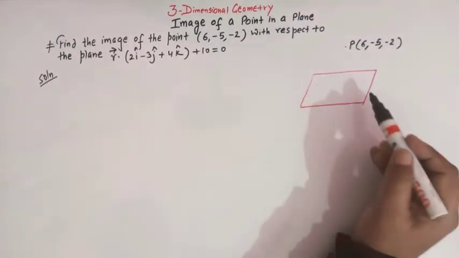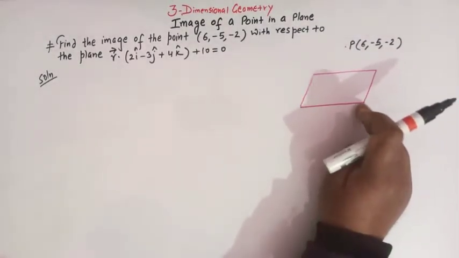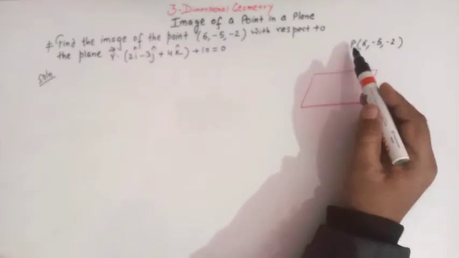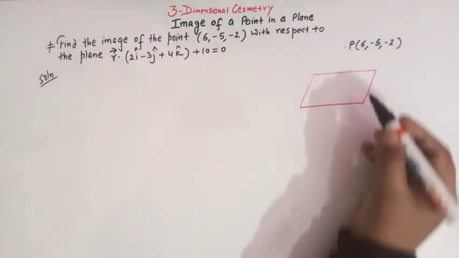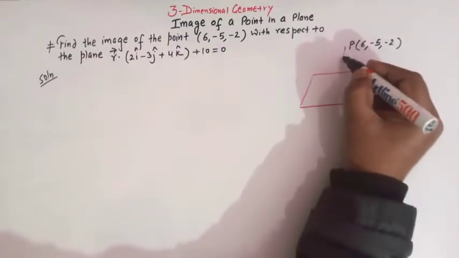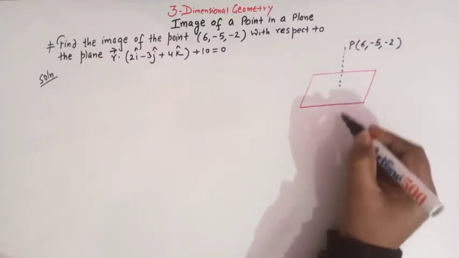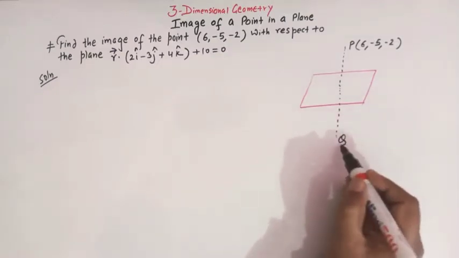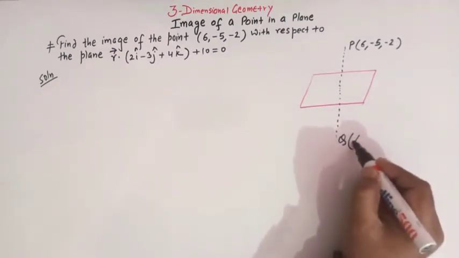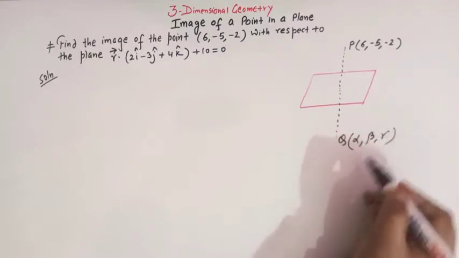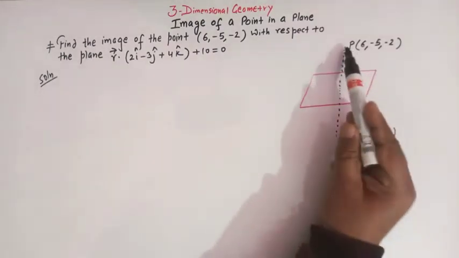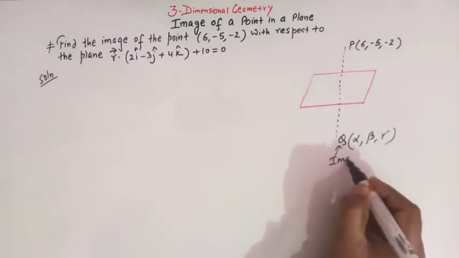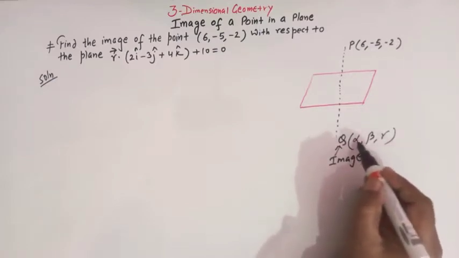Here we should note that this plane acts as a mirror with respect to this point P, and the image lies below this plane, and let us say the image is point Q, whose coordinates are alpha, beta and gamma.